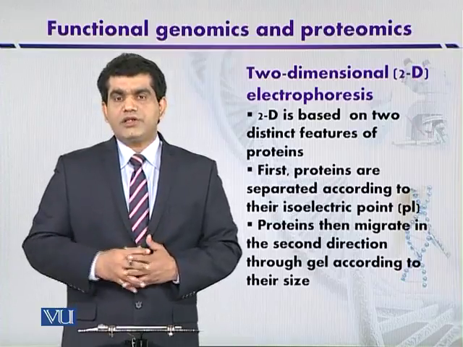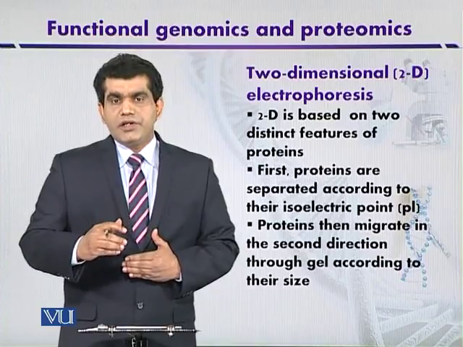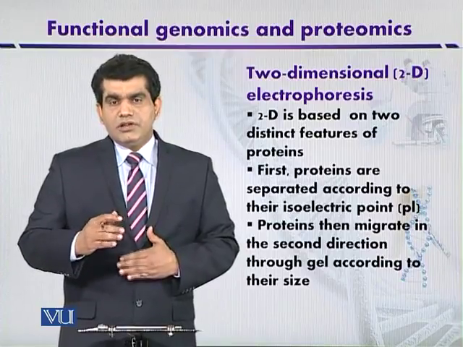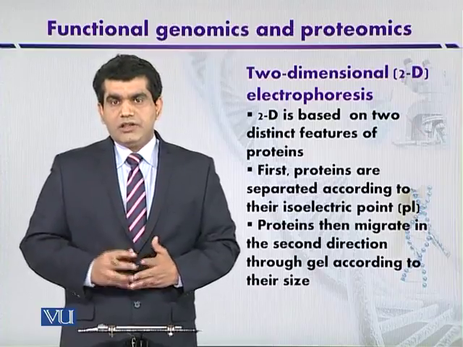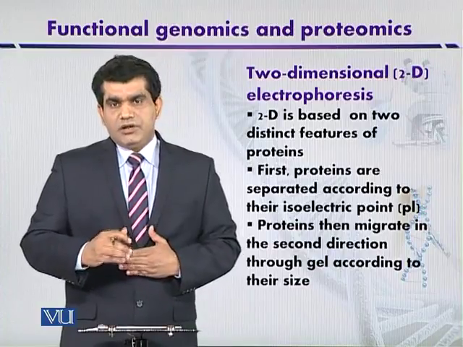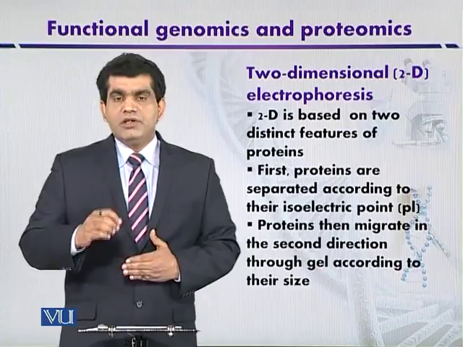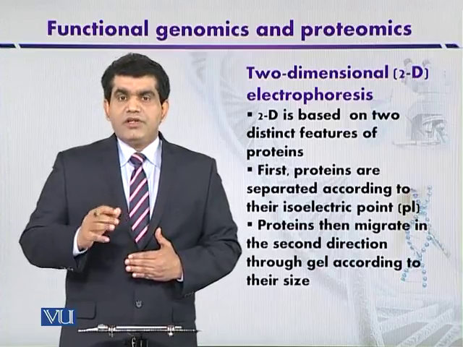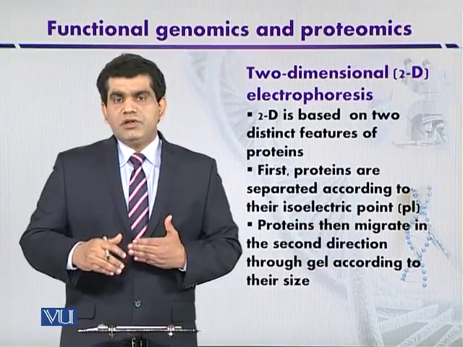Now in isoelectric focusing, proteins will move in the gradient of pH until they reach their isoelectric point. That pI value can be indicated. Isoelectric point is the situation where the net charge at a given pH, or surrounding pH, becomes 0.